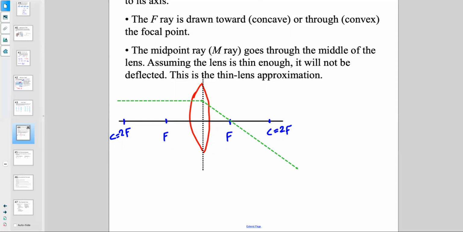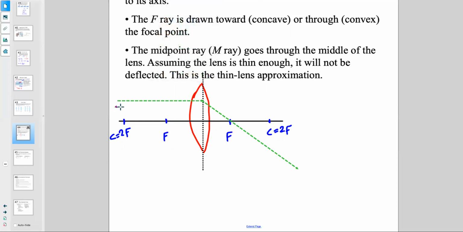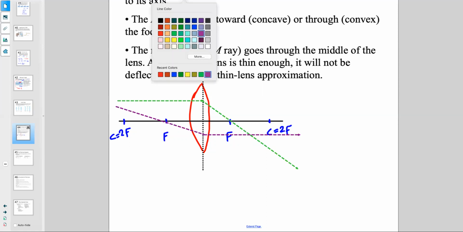Let me grab another one with a different color. So if it's going to the focus point and hitting the lens, then it will be refracted parallel to the axis.